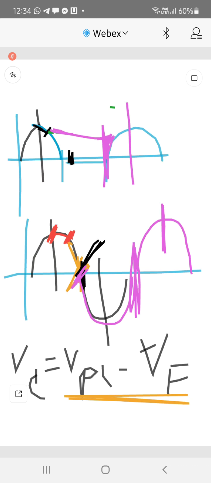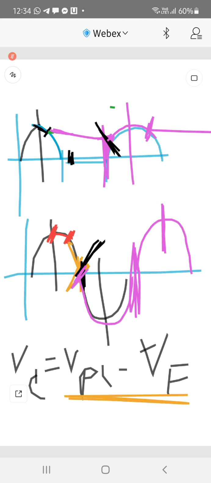The moment this value is exceeded, the capacitor again starts getting charged up, and see, trace the purple curve. It continues like this till again the capacitor voltage is VPI minus VF, and the diode voltage is also VPI minus VF, and it carries on like this.